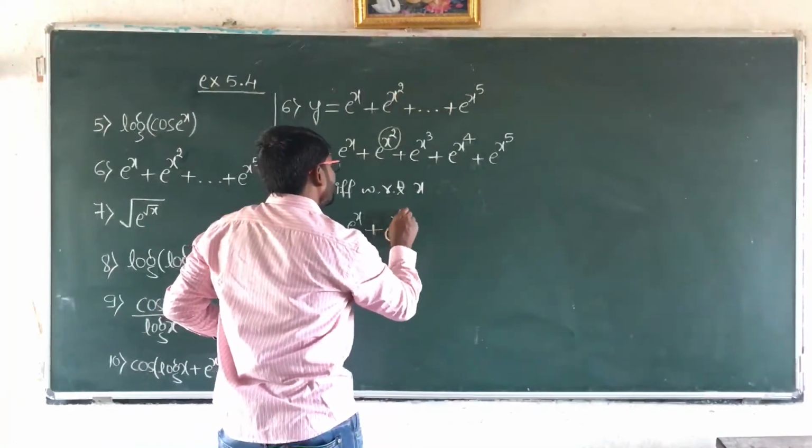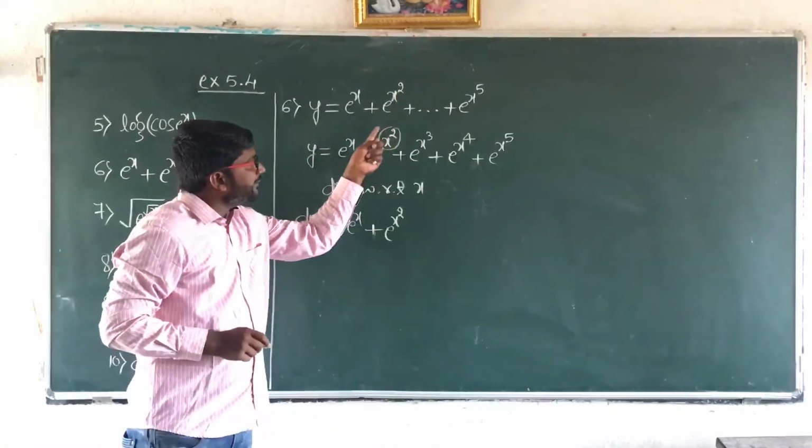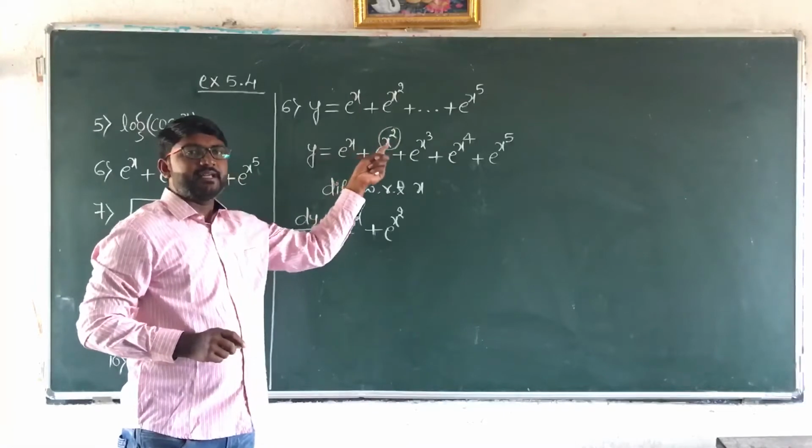So e power x square. Take the derivative of x square now. What is the derivative of x square?